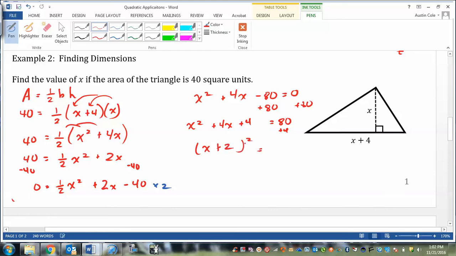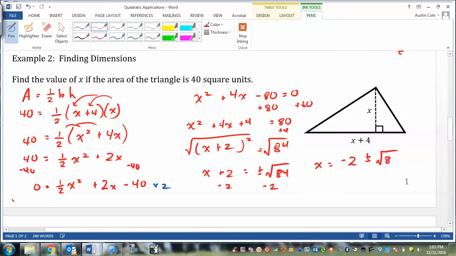X plus 2 equals 84. Now I'm going to square root both sides. X plus 2 equals plus or minus the square root of 84. I'm going to minus 2 on both sides. And x is going to equal negative 2 plus or minus the square root of 84.